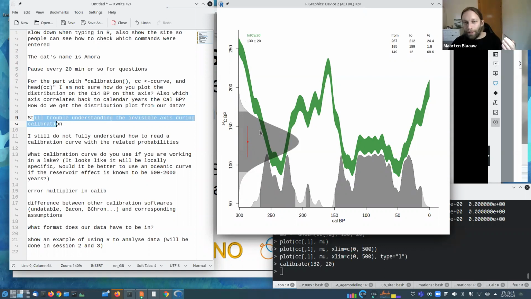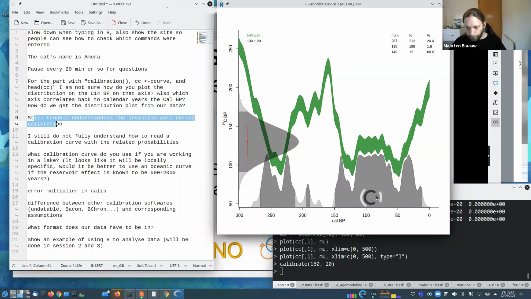The radiocarbon distribution is the bell-shaped one, which has the radiocarbon years here, and then an additional axis, which we don't really plot, which shows the probability distribution. So we shouldn't interpret the heights of this distribution as cal BP. We should consider it as some sort of value which isn't really of relevance to us. We're only looking at the entire shape.